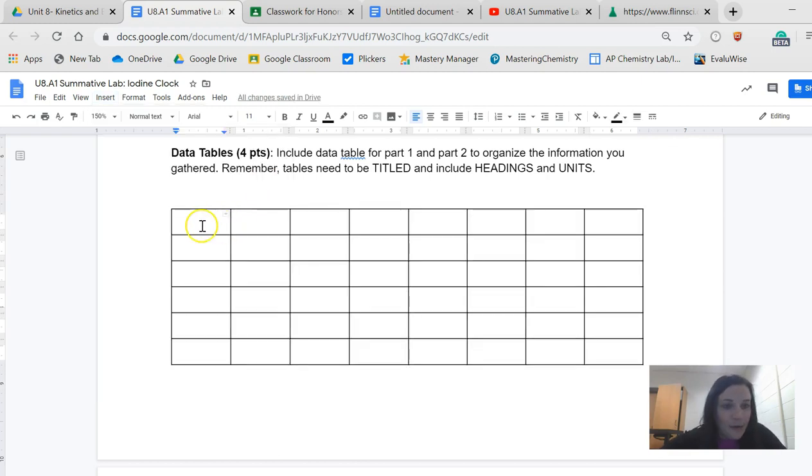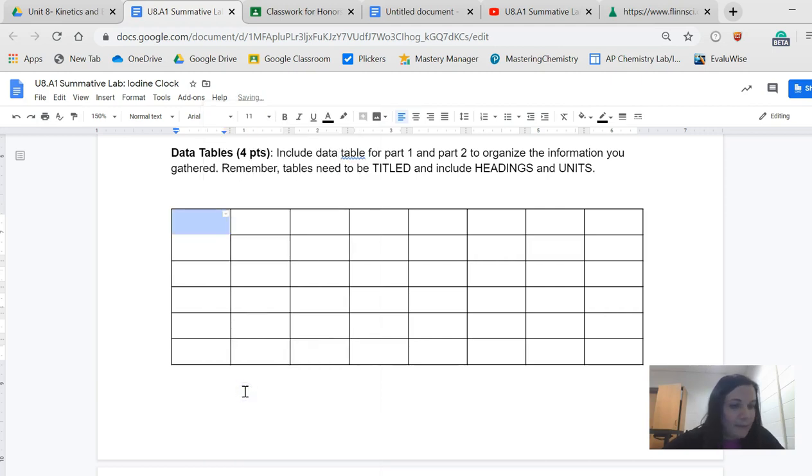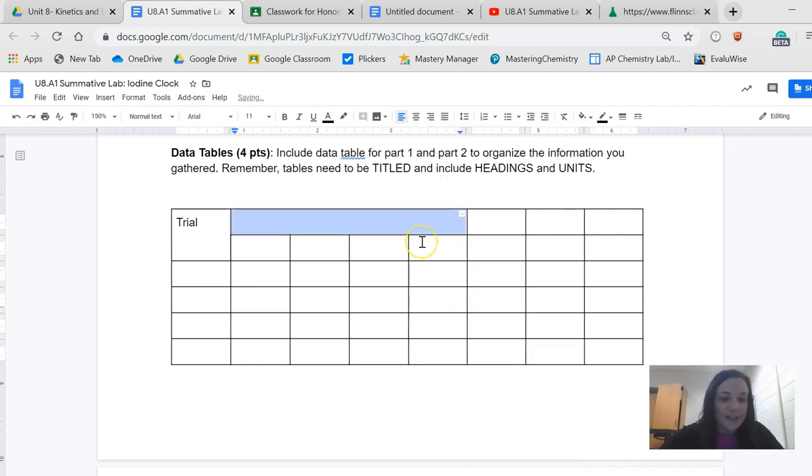All right, we're going to highlight these first 2 columns, and you're going to right click, and if you go to merge cells, it will combine them. This is going to be the box that says trial. And next, these next 4 columns are all going to be for solution A. Again, I can highlight them, right click, and merge.